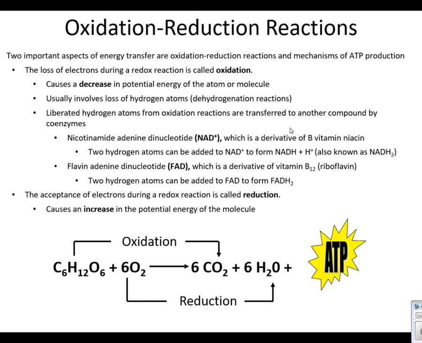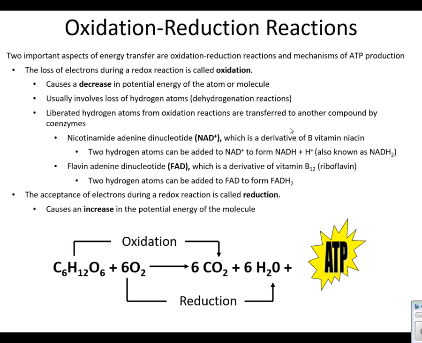So in my analogy here, electrons are like big brother. Where they go, little brother goes. And the little brothers in my analogy are hydrogen atoms, which a lot of times will be lost as we also lose electrons.